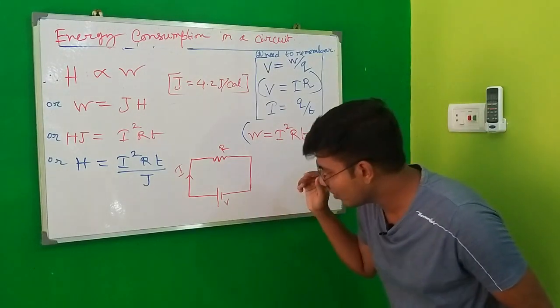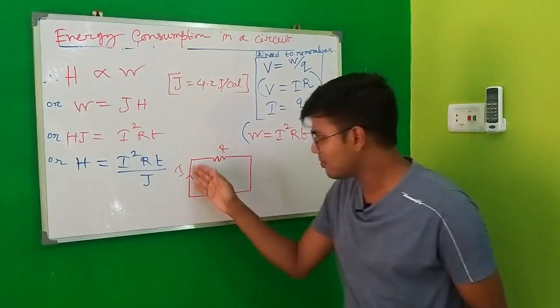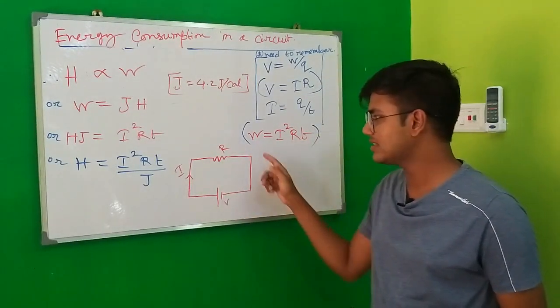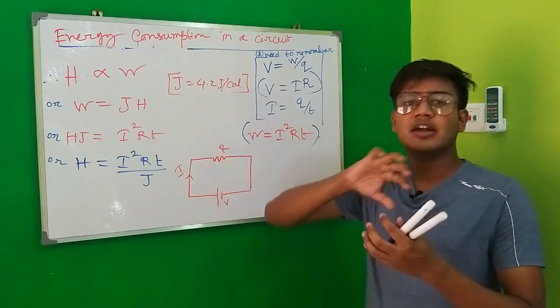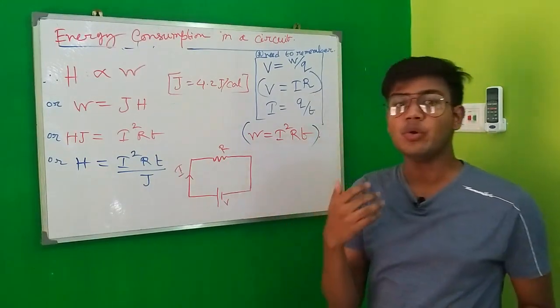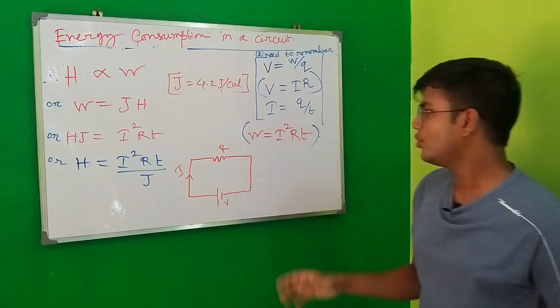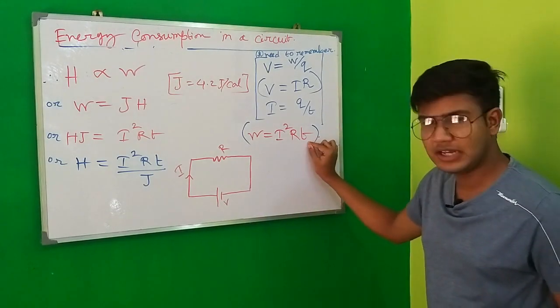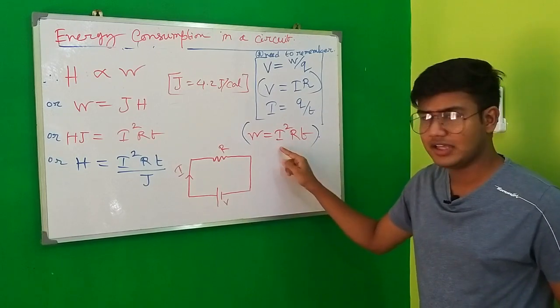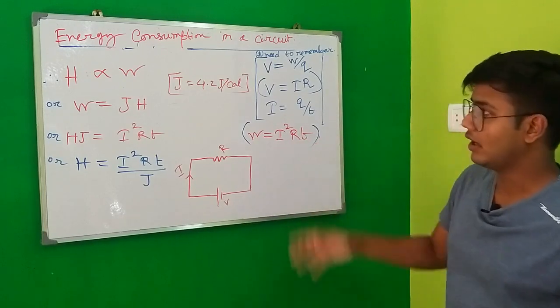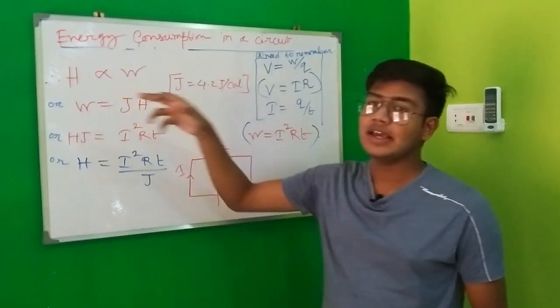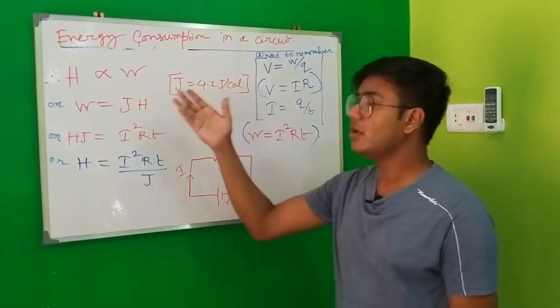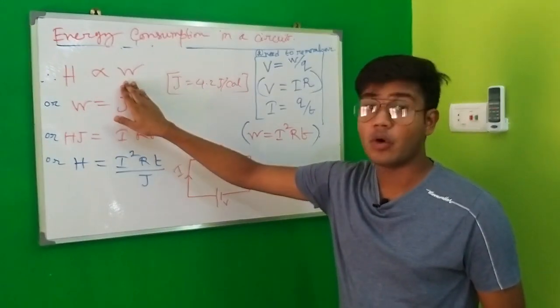So in this case, while the current passes through it, the resistance converts all the energy into heat energy. We just learned W equal to I square RT. That means for time T, the current I flows through the resistance R. We know that the heat energy is proportional to the work done.